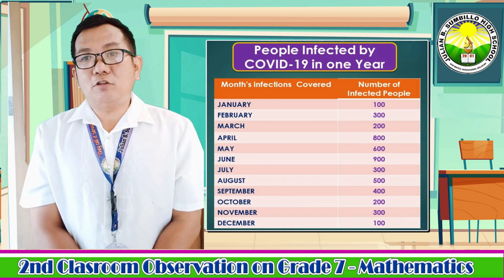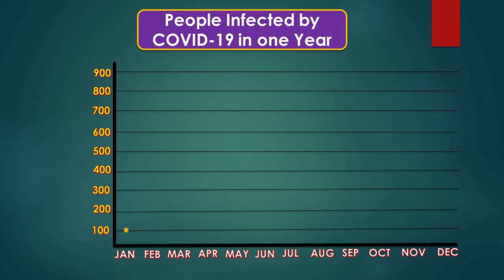So all we have to do is draw a dot with respect to the value of COVID-19 infected people. So in January, we have 100. Just look for the coordinate, no? We have the dot here. Then on February, just look for the 300. Align it to February. Put a dot here.